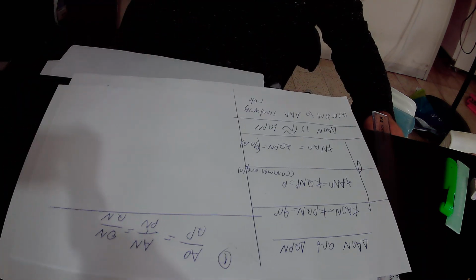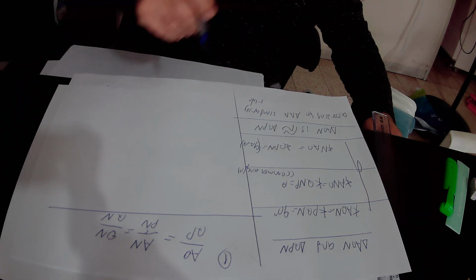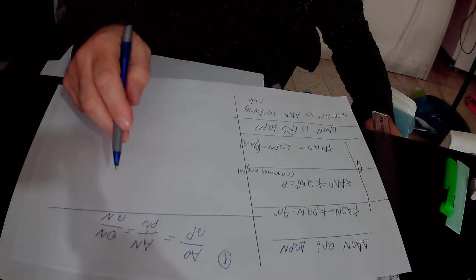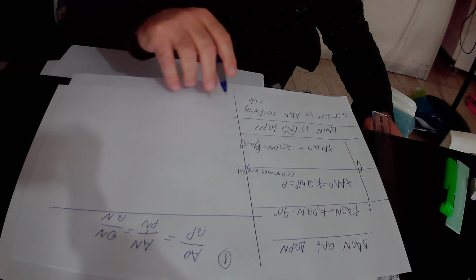So we found out that AO over QP equals AN over PN equals ON over QN.